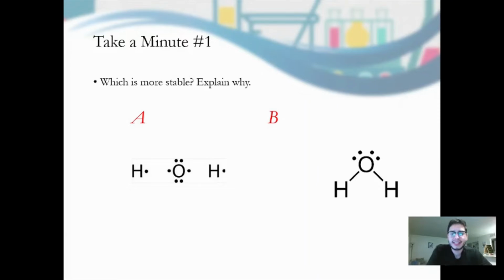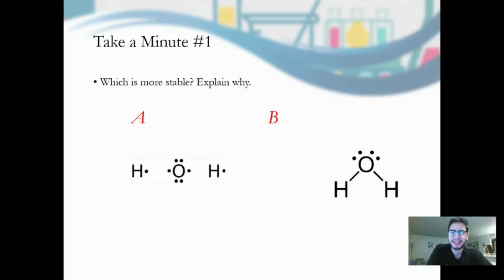So let's consider A, where I have my atoms that are not bonded to one another. In fact, hydrogen is separate from the other hydrogen and oxygen. And hydrogen, remember, prefers to have two electrons. So it's actually seeking something to complete its two-electron valence shell. Same thing with oxygen.